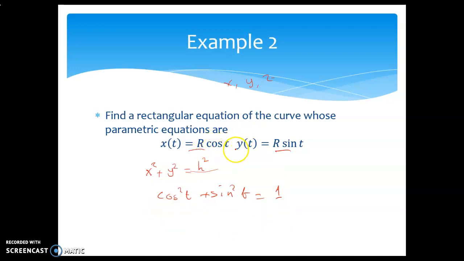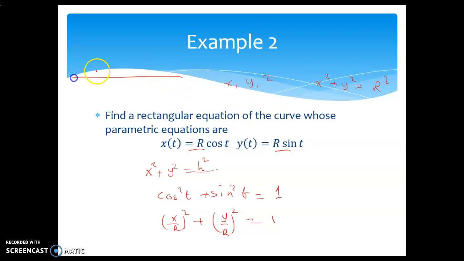So here cosine is going to be x over r, squared, plus y over r, squared. This should be equal to 1. In other words, x squared plus y squared is equal to r squared.